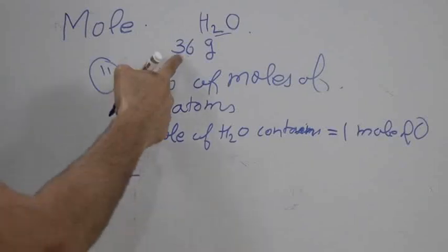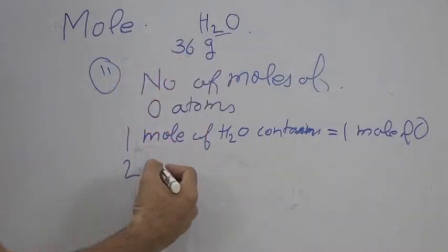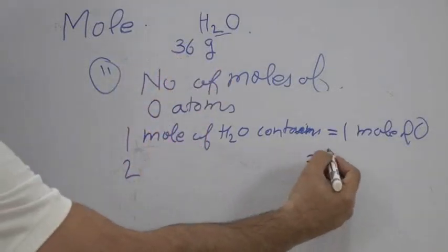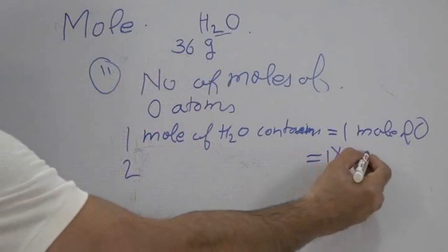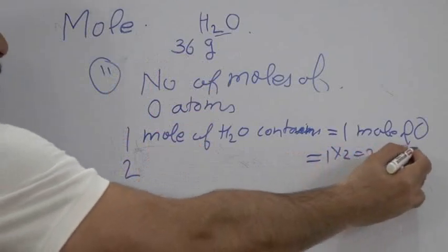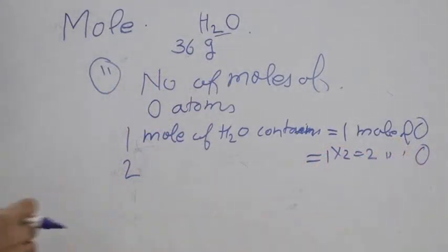Total is how much? 36 gram is equal to 2 mole. 2 moles would contain how much? 1 into 2 is equal to 2 moles of oxygen atoms.